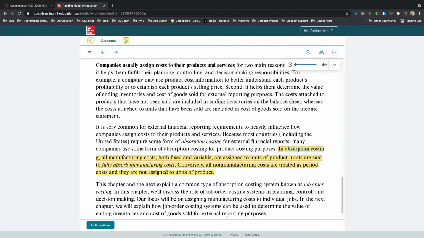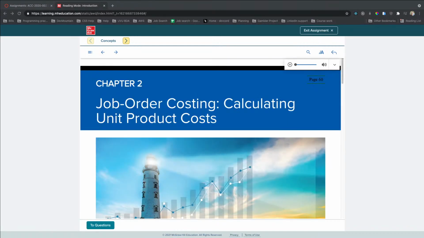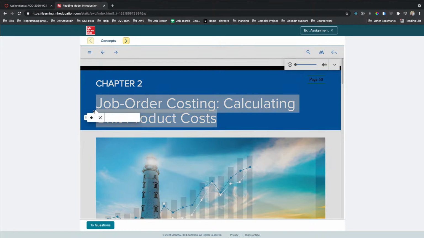Let me just update my title here. Job order costing, calculating unit.